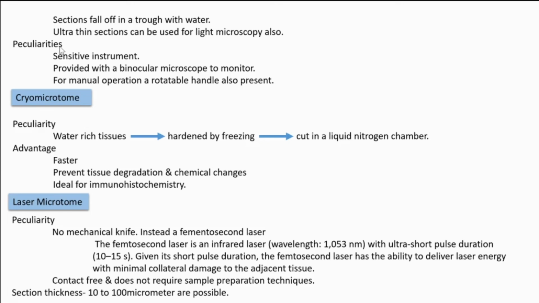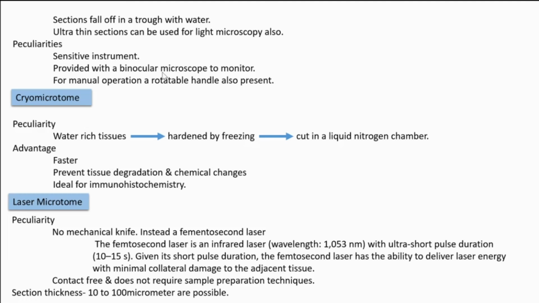The peculiarity of the ultra microtome is that it is very sensitive. Sensitive means section quality will be affected by any movement, vibration, or change in temperature. All these factors will affect the performance of this microtome. It is provided with a binocular microscope to monitor the sectioning process.